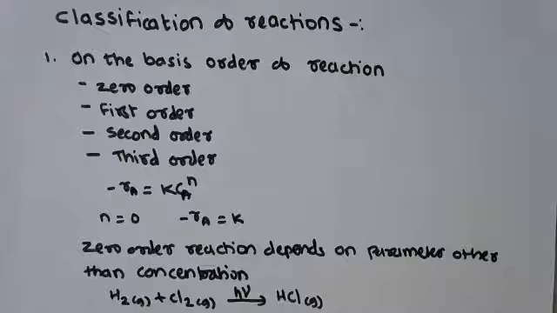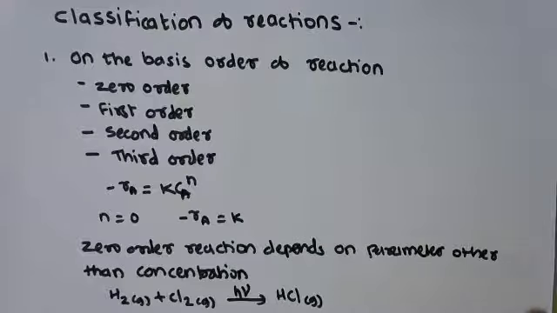So this does not depend upon the concentration of the reactant. Whenever we are carrying out any reaction, we will always provide the reactant, but unless and until this light energy is made available, you cannot carry out this reaction.